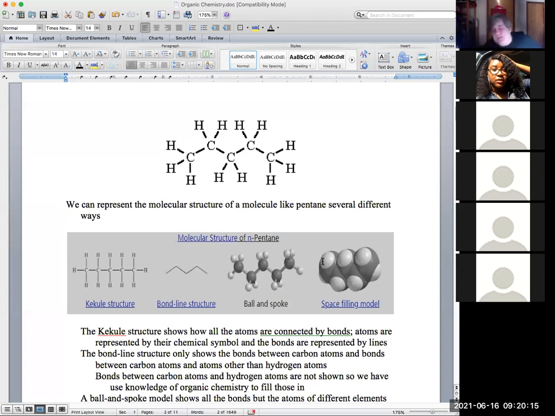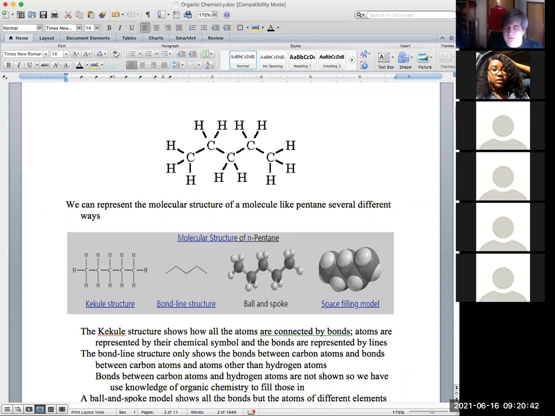And this can be good because when we talk later about how proteins work, there are a lot of proteins that have kind of a hole in the model, or a ridge, or a groove in the molecule. And something is supposed to fit into that groove or that hole. Sometimes those grooves or holes are a lot easier to see with the space filling model than with any of the other models.